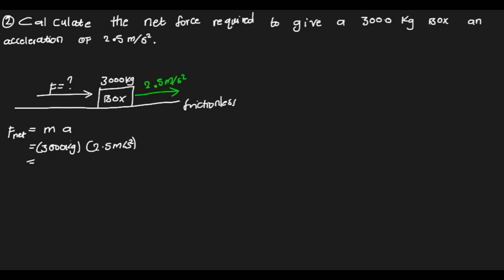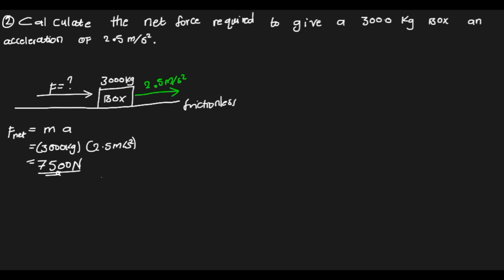If you just move the zeros, we have 300 times 25, so we can just say 25 times 3, that is 75, plus the 2 zeros. So we are expecting to have a resultant net force of 7,500 newtons. So this is how we can answer a question like this one.